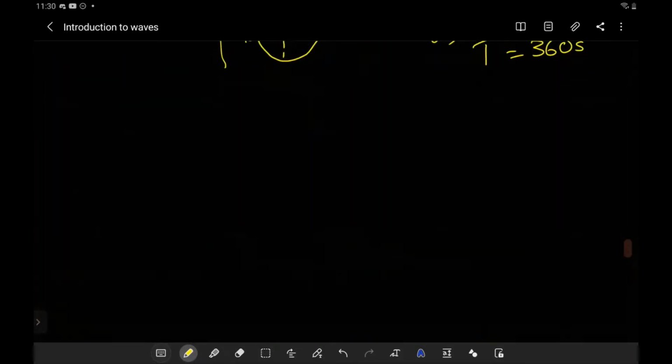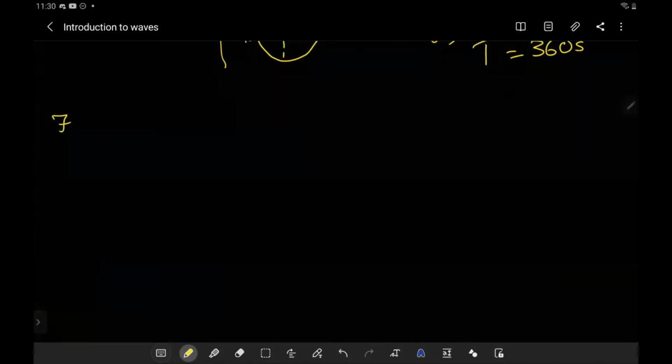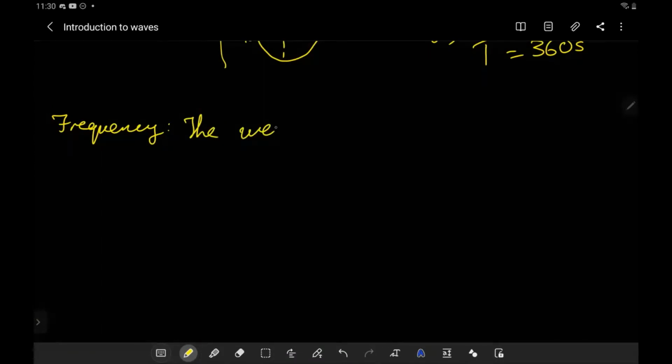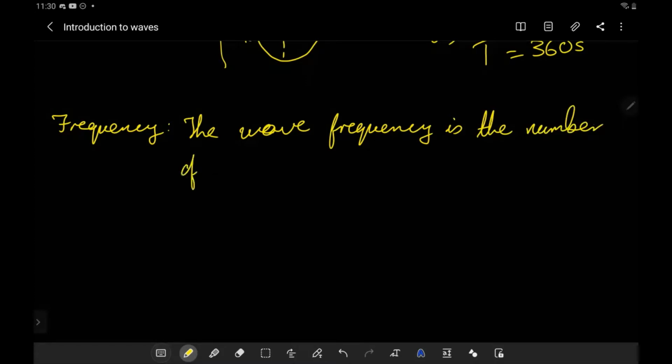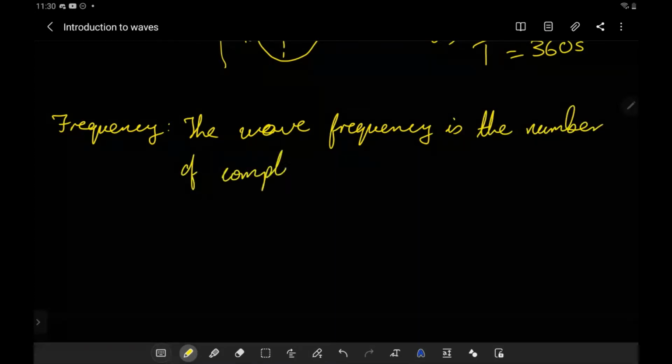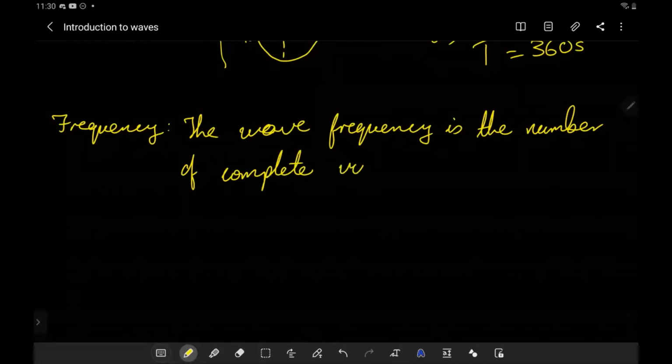Okay, so now I want to define what a frequency is. The wave frequency is the number of complete vibrations, right?